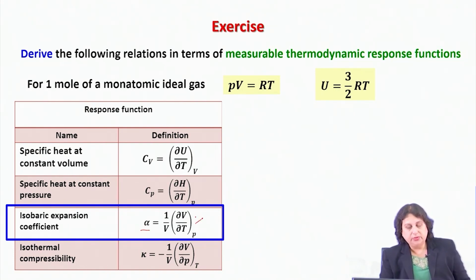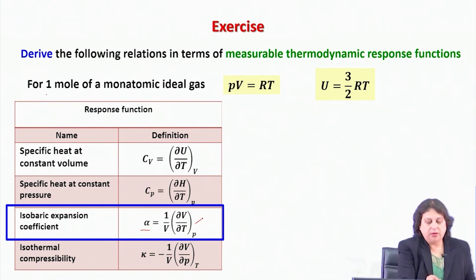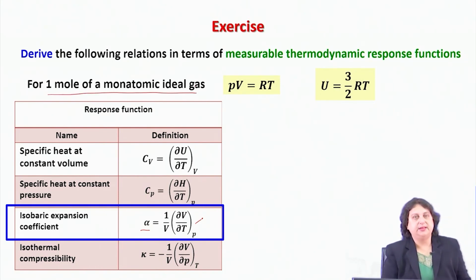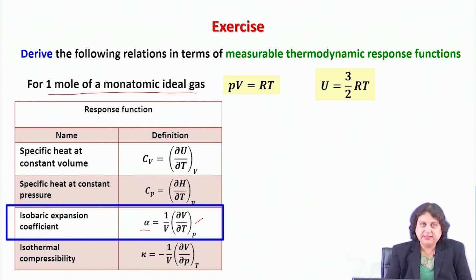Now, in order to evaluate alpha for 1 mole of our monatomic ideal gas, where do I start from? Look at the expression of alpha. In order to find out alpha, I need to take a derivative of volume with respect to temperature at constant pressure. So, I need a relationship between volume, temperature and pressure.